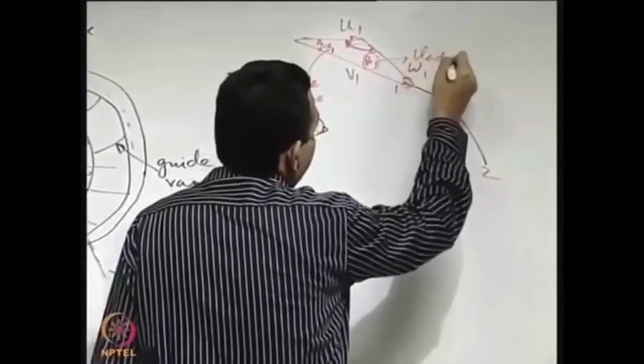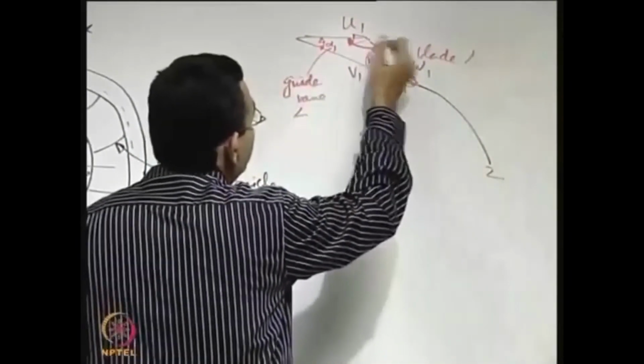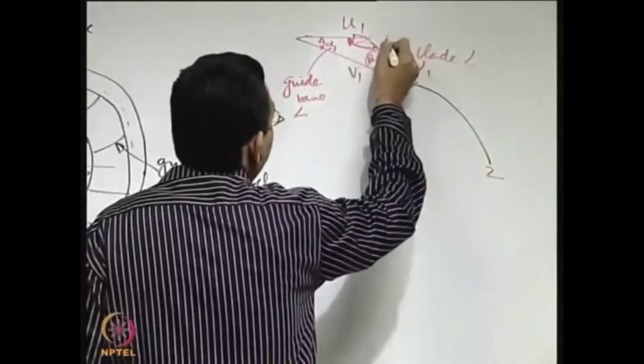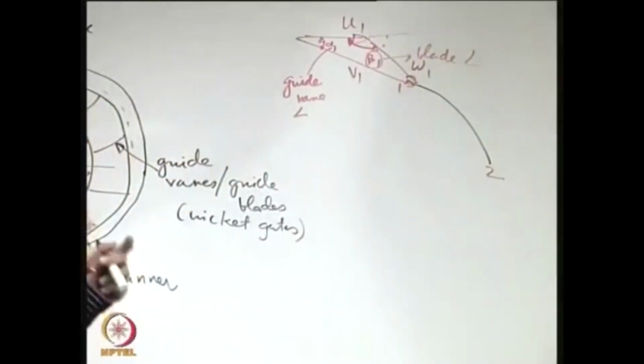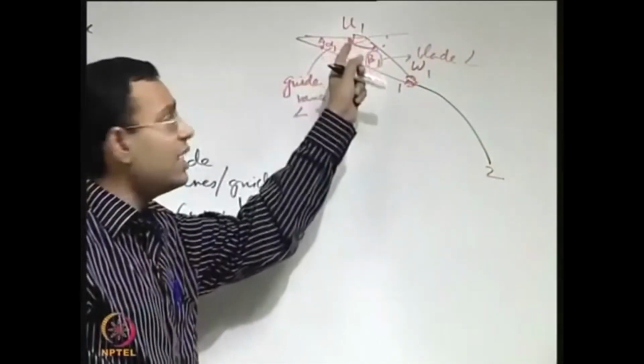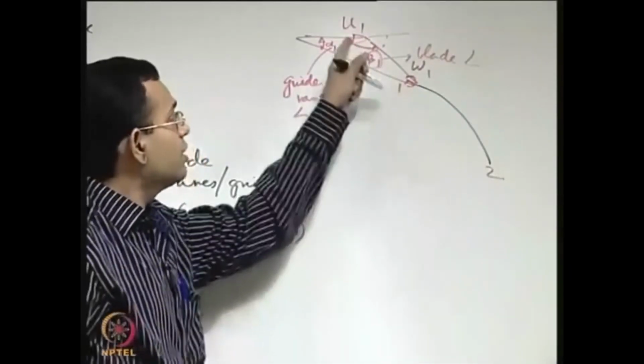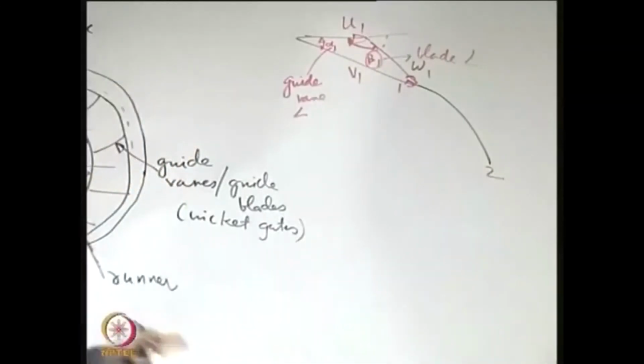Again there is a matter of convention, because sometimes 180 degrees minus this one is also considered as the blade angle, depending on conventions. So either this one or the other one, but physically it implies the angle between U and W, either the acute one or the obtuse one, depending on the convention.